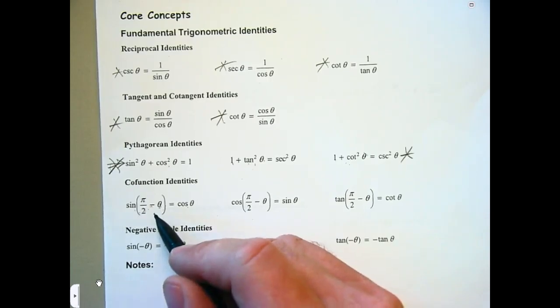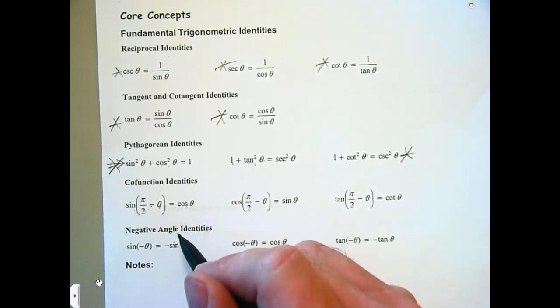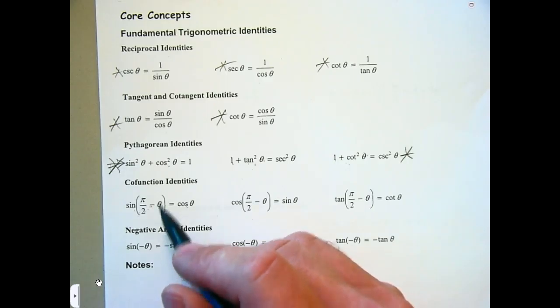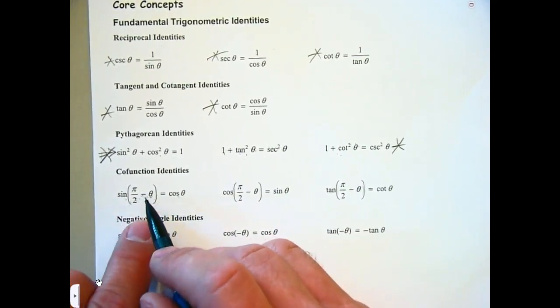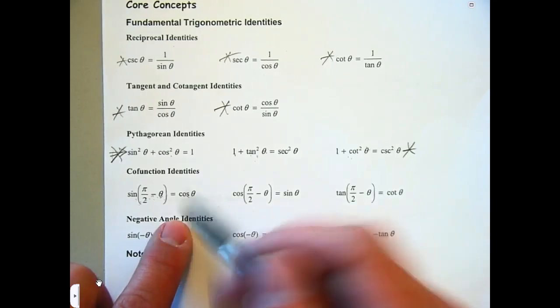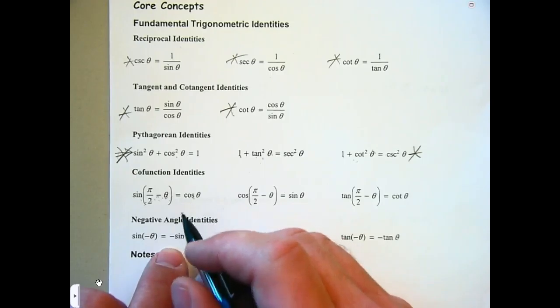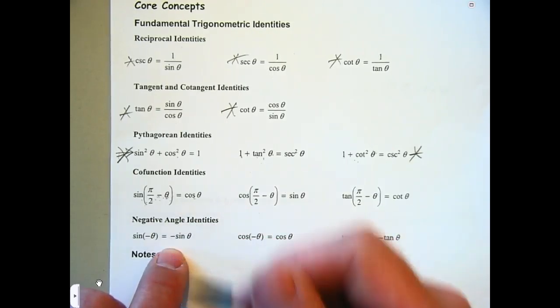And the cosine of theta is 0. So if the sine of 90 is 1 and cosine of theta is 0 at that same spot, if I shift it 90 degrees, cosine is now 1 and sine is 0.